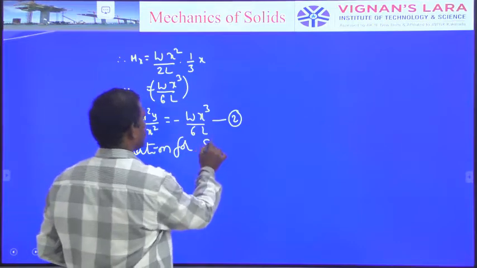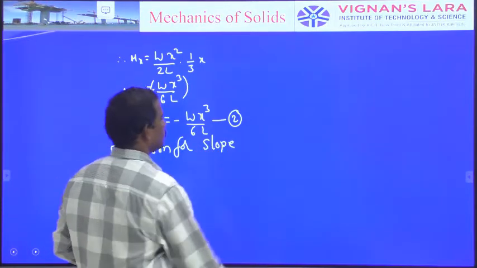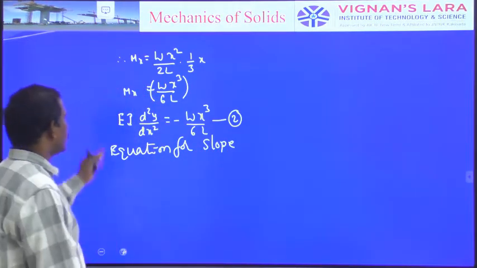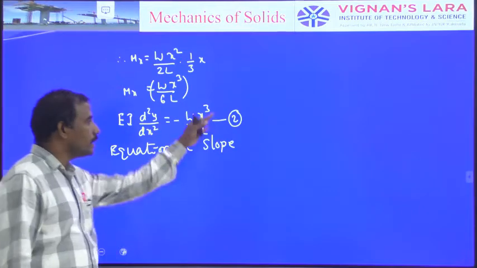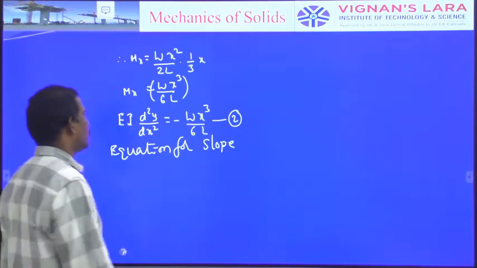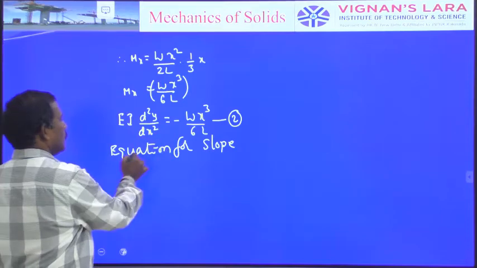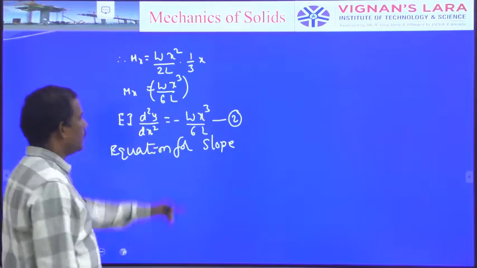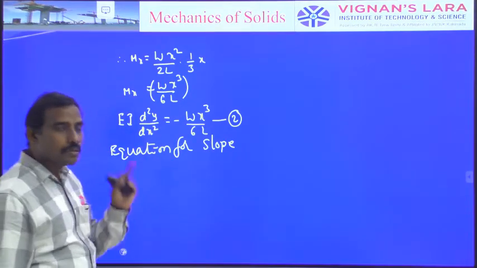Equation for slope. What about the equation for slope? That is obtained by integrating equation number 2 once.